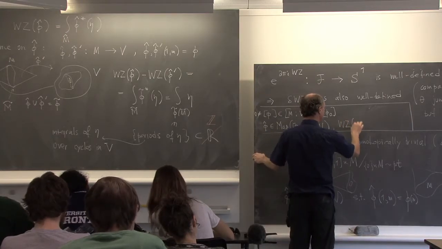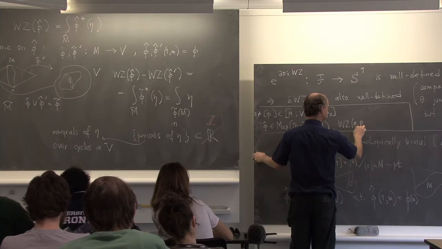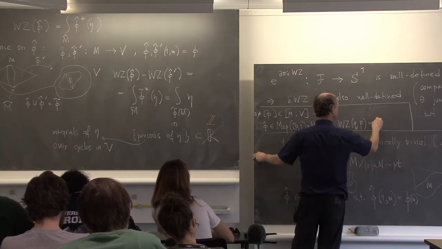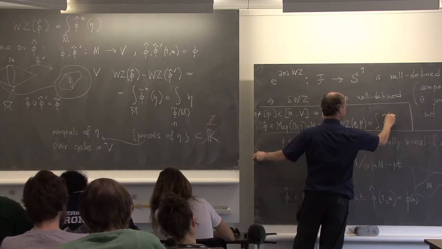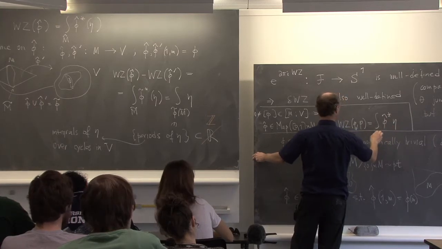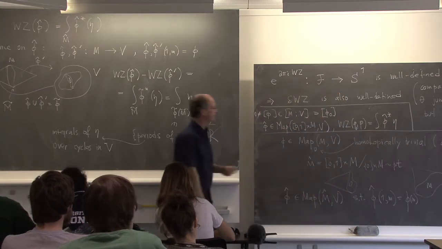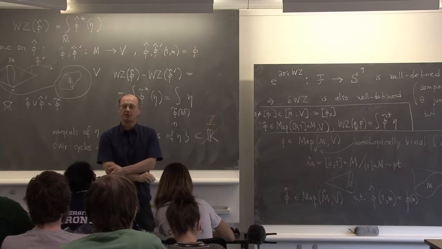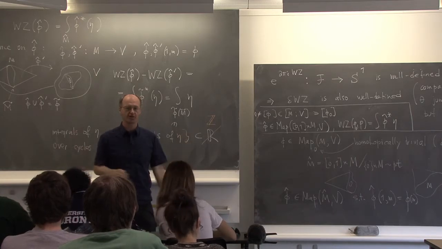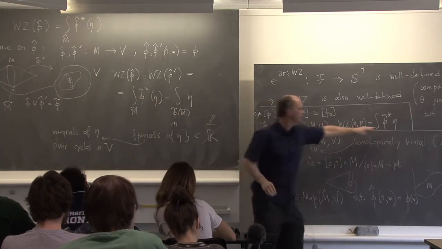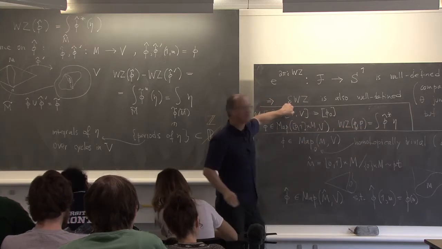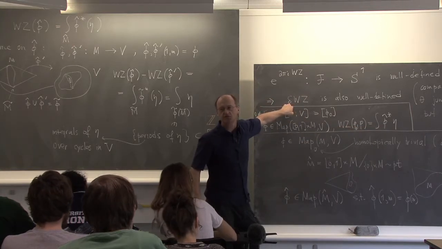But then define the Wess-Zumino term, which depends on the two boundary values. Now notice that this is still nicely defined.